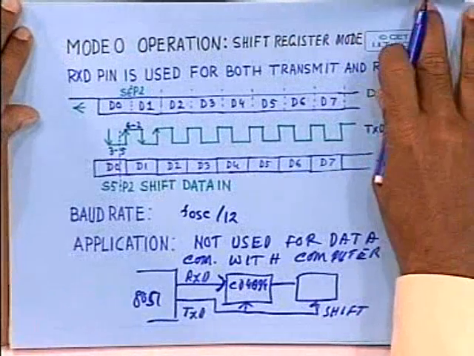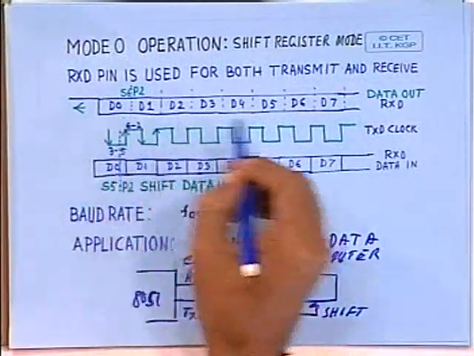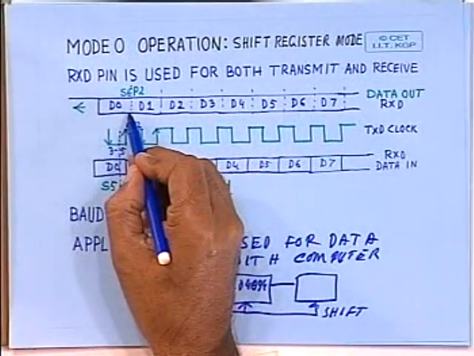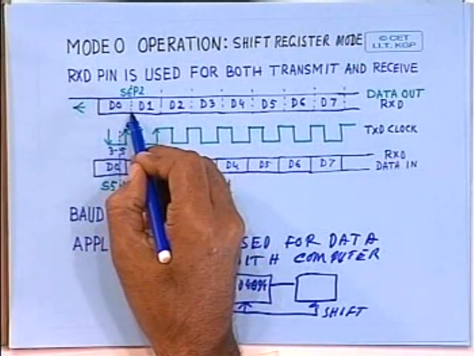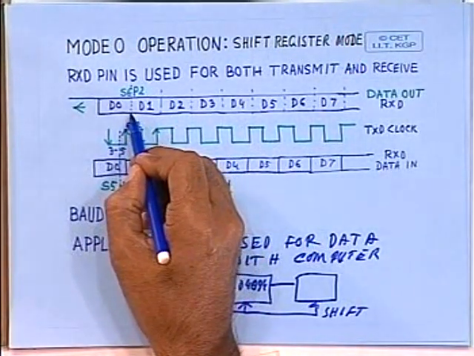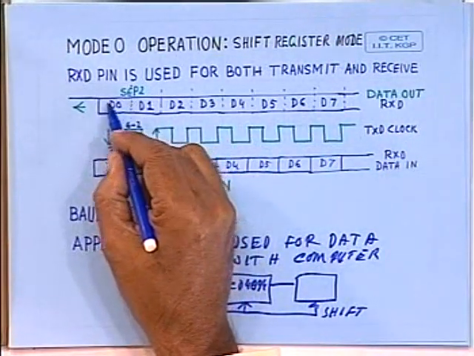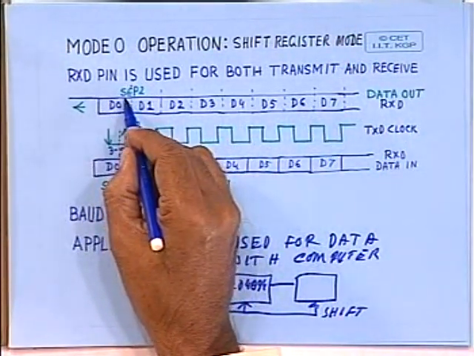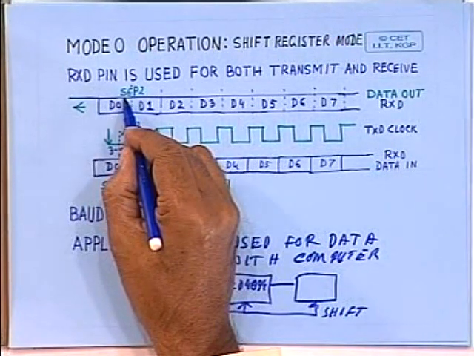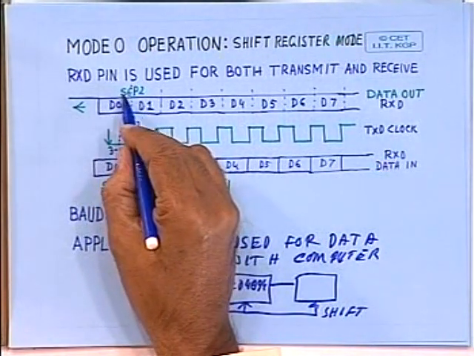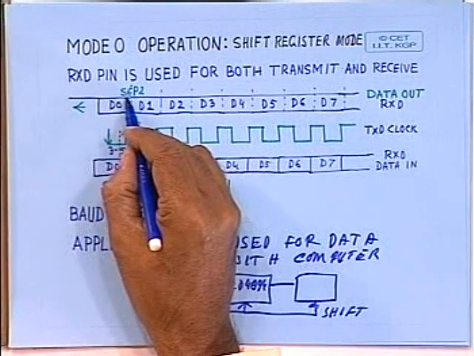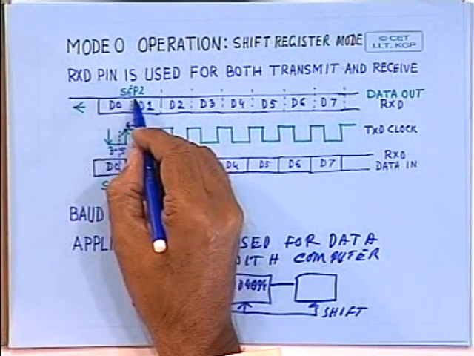And as you can see here, whenever you are transmitting data in this case, each byte is shifted out on the S6P2. That means this is state 6 and phase 2 of the clock.